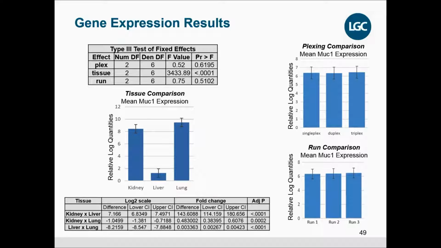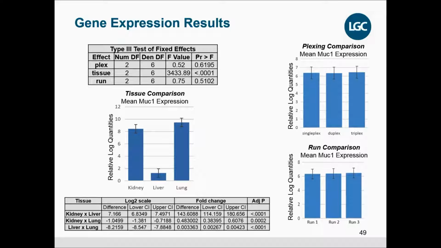And the only effect that was statistically significant was between tissues, which is what we were expecting. But we did not see a significant difference in our results between singleplex or triplex, or duplex for that matter, and we did not see a difference in run 1, 2, or 3.